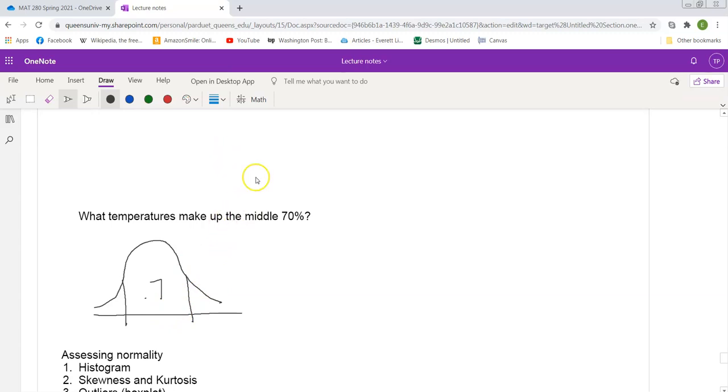So to do these inverse normal probabilities, we're first going to find the z values, and then we're going to convert them back to x using this equation. So let's first find these two values on the normal table. Sorry, I'm going to sneeze.